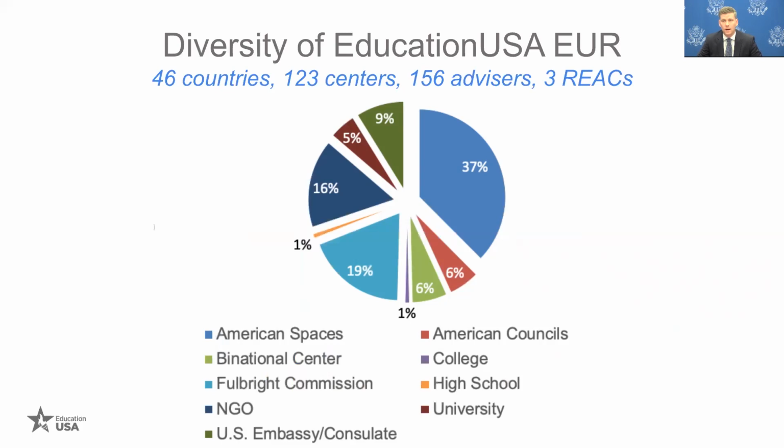We're also at a high school and at a number of colleges and universities, as well as American Councils offices throughout Eurasia and Turkey as well. And together that comprises our very diverse network of EducationUSA centers.